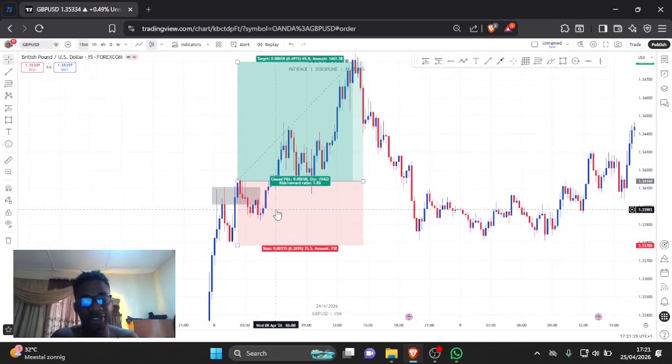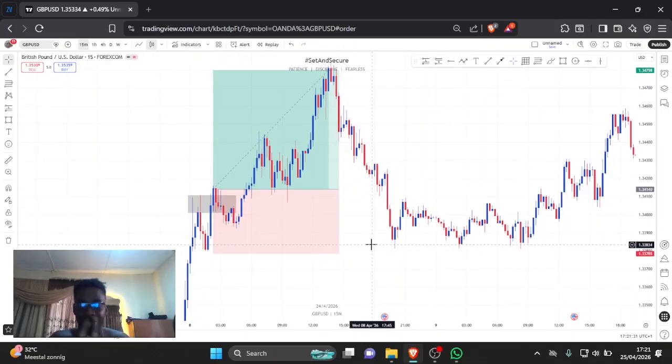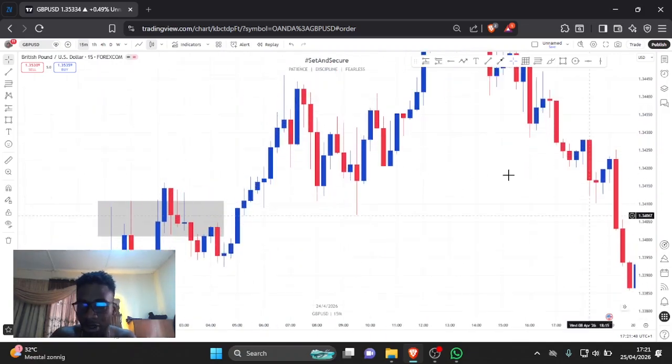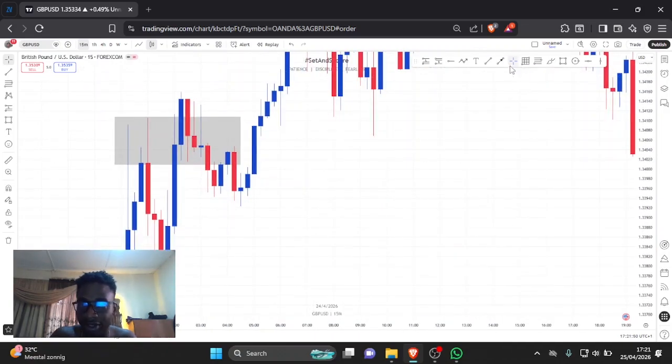So displacement signifies that a certain direction in the market is getting aggressive. It can be the sellers, it can be the buyers, it can be either of those, right? So once you see a displacement, know that a certain side in the market has power.